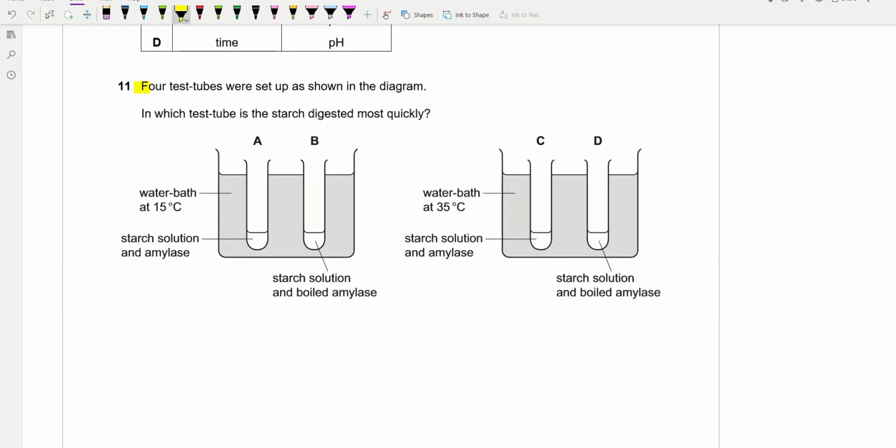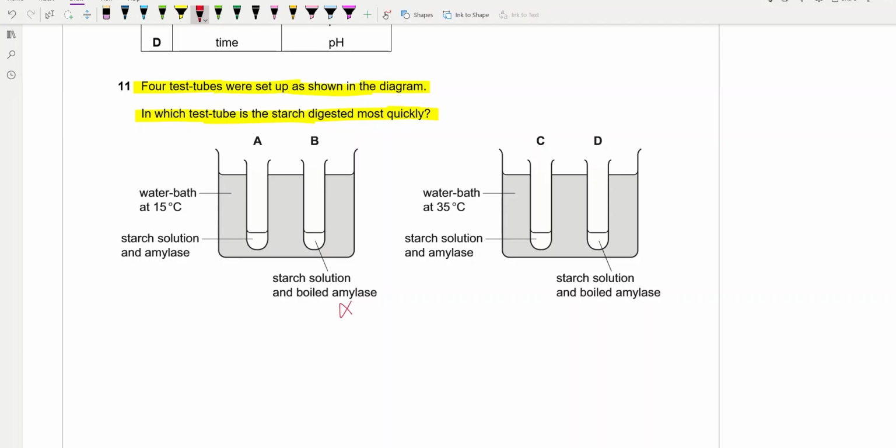Question number 11. Four test tubes were set up as shown in the diagram. In which test tube is the starch digested most quickly? So we can see option A has starch solution and amylase. Option B has starch solution and boiled amylase. So if the enzyme is boiled, it would get denatured.